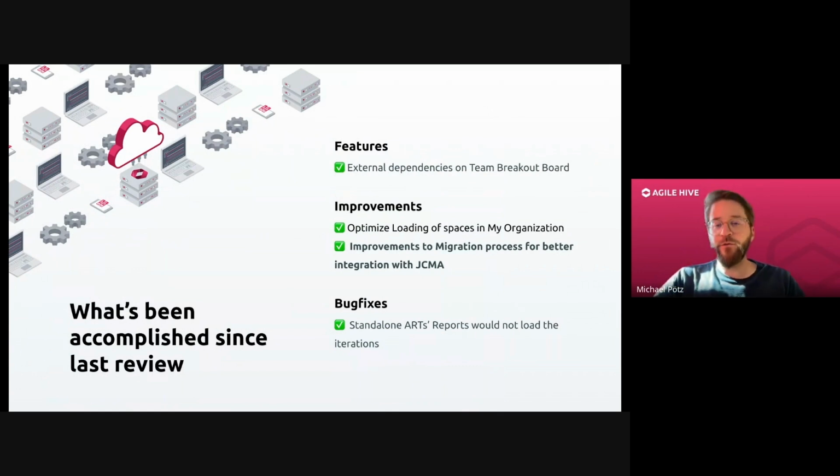Like with the last review, the data center review, we also worked on the migration from Jira Data Center to Jira Cloud. And we worked on making the migration process more reliable. For example, we had an issue with the Jira Cloud Migration Assistant, this JCMA here.